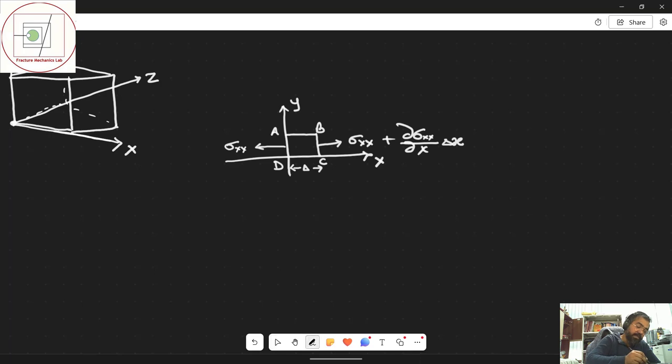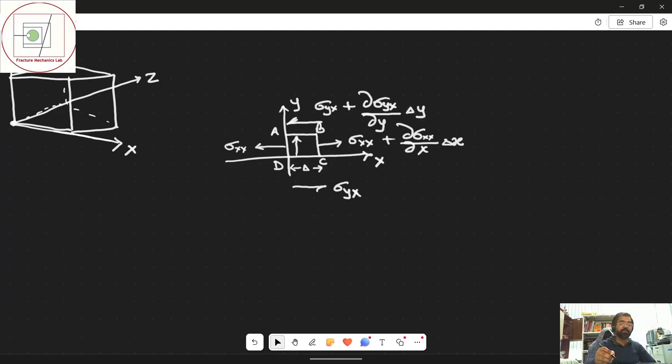Apart from sigma xx, the stresses working in the x direction are also sigma yx and sigma zx. In two dimensions, I will not consider sigma zx. I will only consider sigma yx, and there will be another stress on the face AB, which will be sigma yx plus the rate of change of sigma yx in this direction, where that dimension is delta y, so it will be multiplied by delta y.